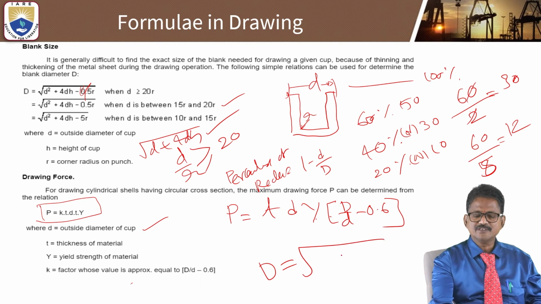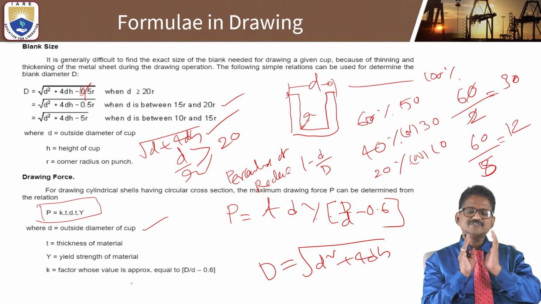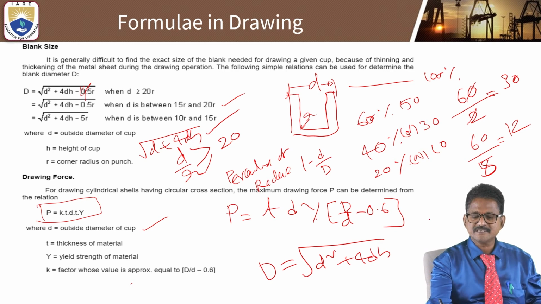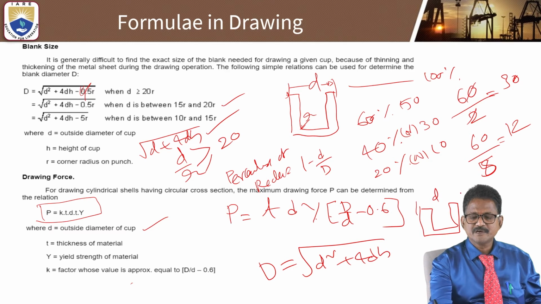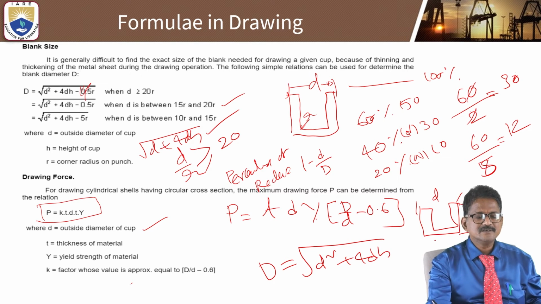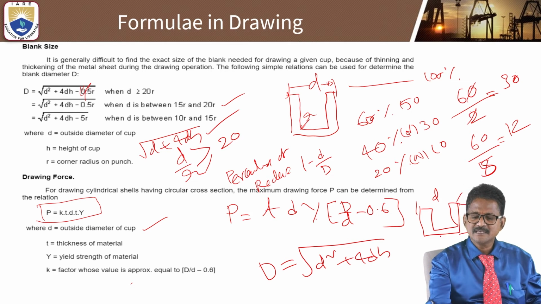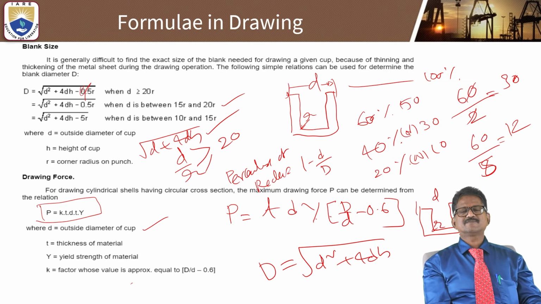Small d is the outside diameter of the cup, h is the height, and small r is the corner radius of the punch.